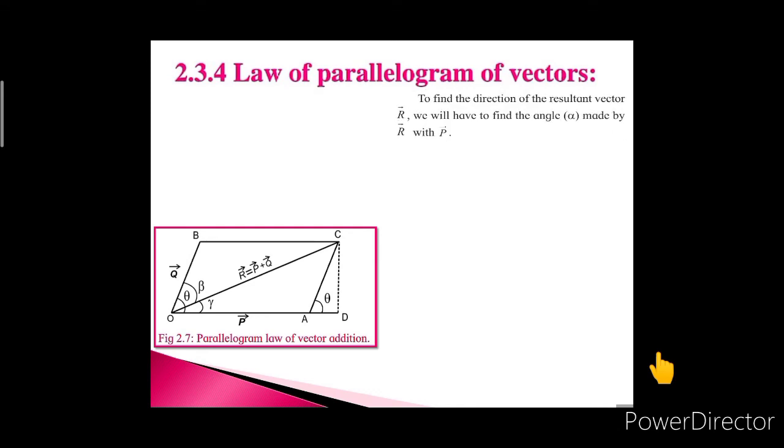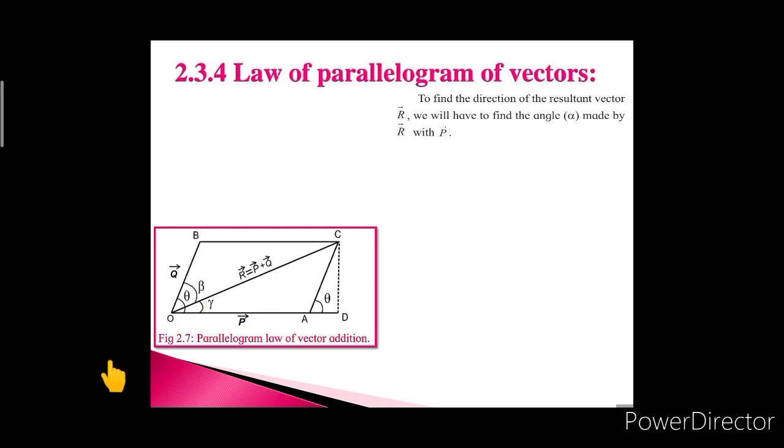To find the direction of the resultant vector R, we will have to find the angle alpha made by R with vector P, as the diagonal represents the resultant vector R, and this resultant is making an angle alpha with vector P. So to determine the direction of the resultant R, actually we have to determine the angle alpha.